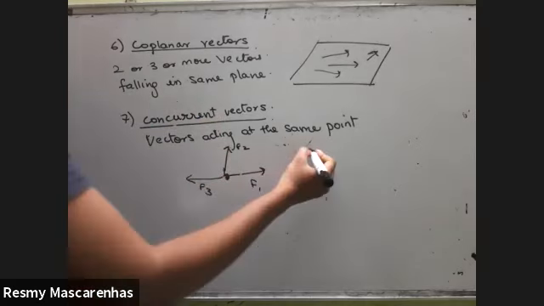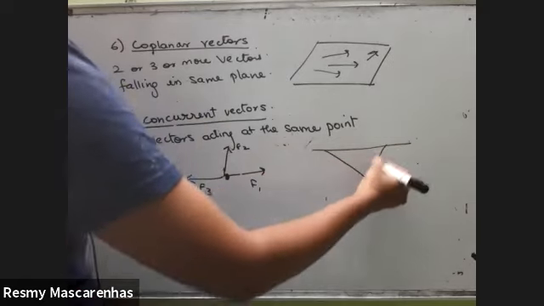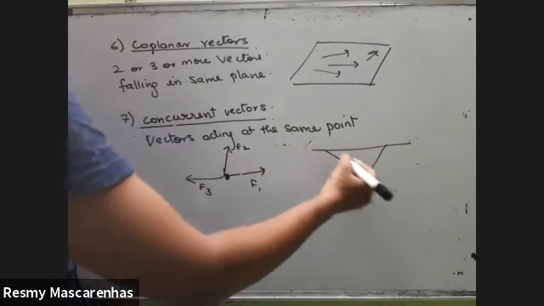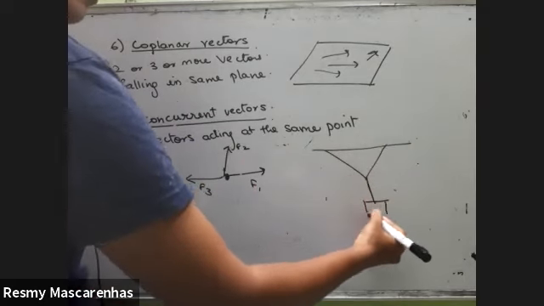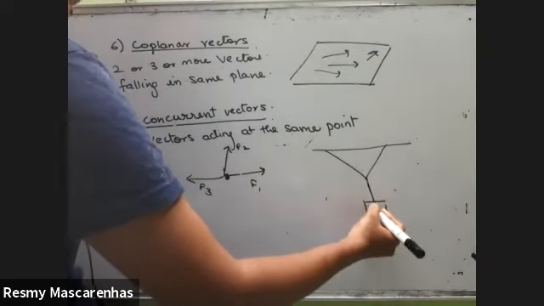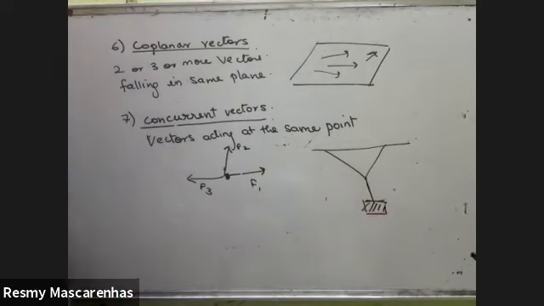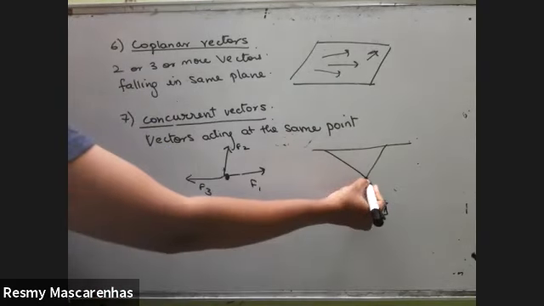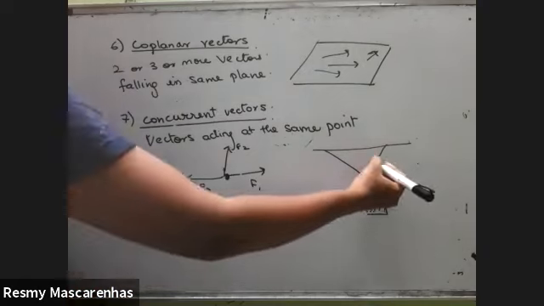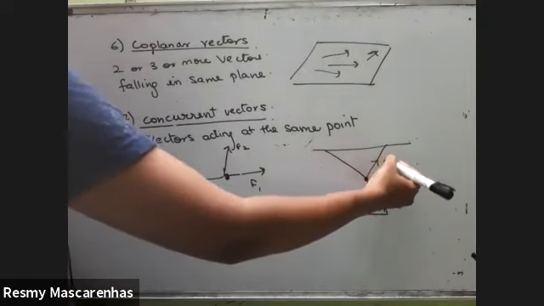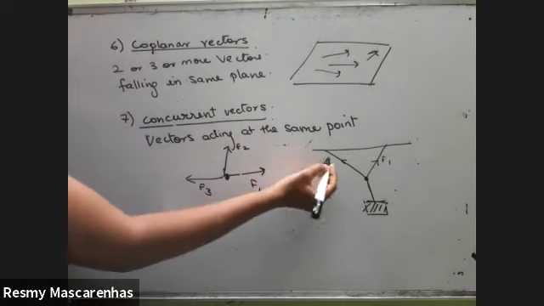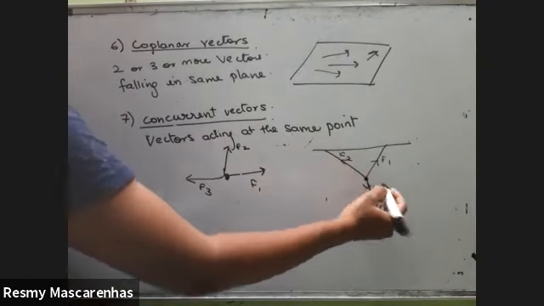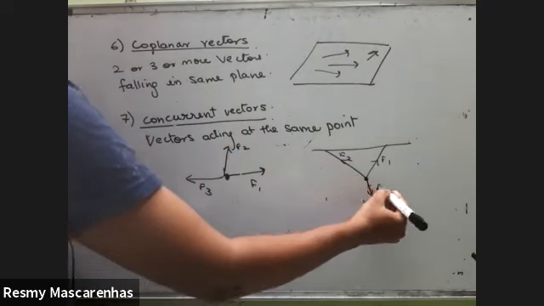Suppose you have a wall and you have a string, a thread, and you are attaching some weight to it, suppose a block you have tied. So what is going to happen? At this point, all the forces will act. So it's like F1 to this, F2 and F3.